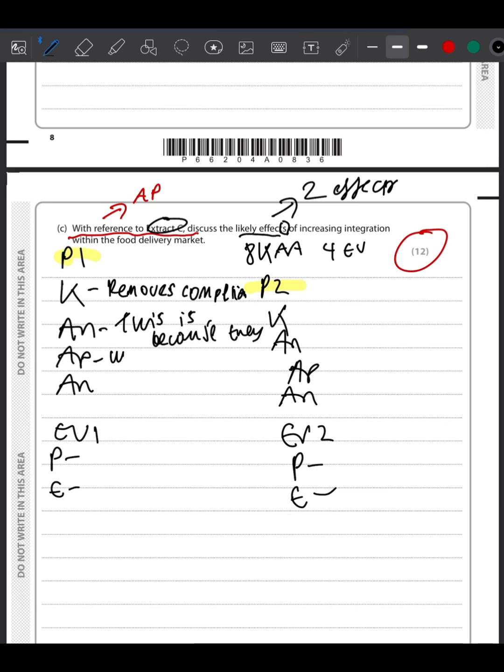This is because they will be working together to maximize profits and minimize advertising costs. And then application, for example, we saw in the extract I think Just Eat merged with a German delivery company.